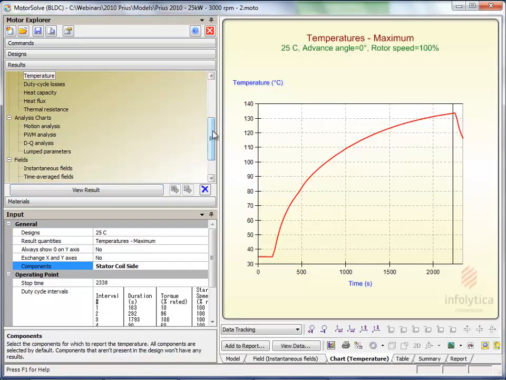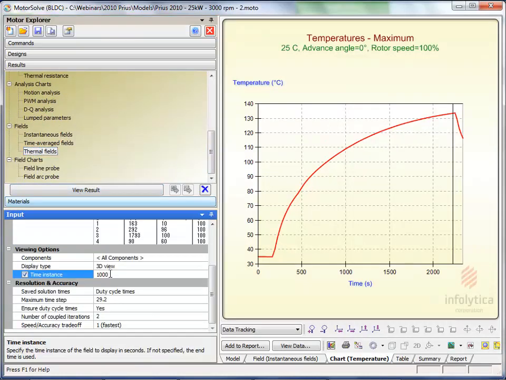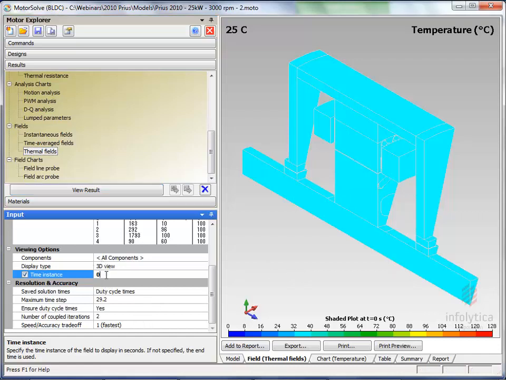equivalent. Okay, so now let's have a look at the thermal fields. Initially, let's look at time t equals 0. So here we see a shade plot of the cross-section of the entire motor, although it's broken into symmetry and we have just wedges here. But you see the cross-section at time t equals 0.